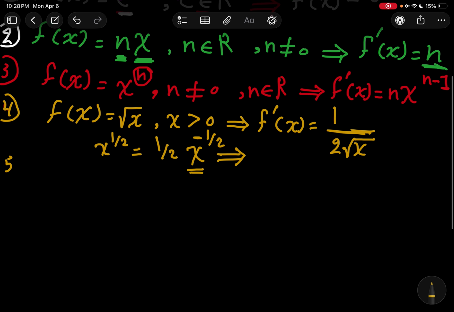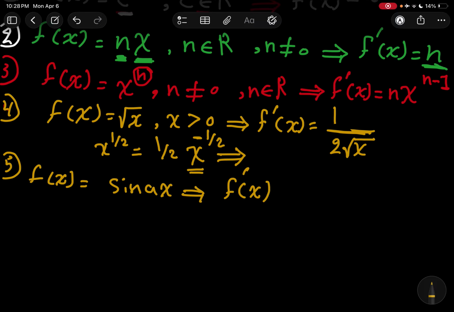We have the fifth rule. f of x equal sine ax, that belongs to f prime of x equal. Here, a is the angle.